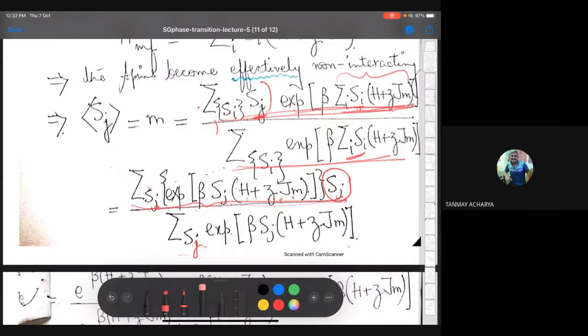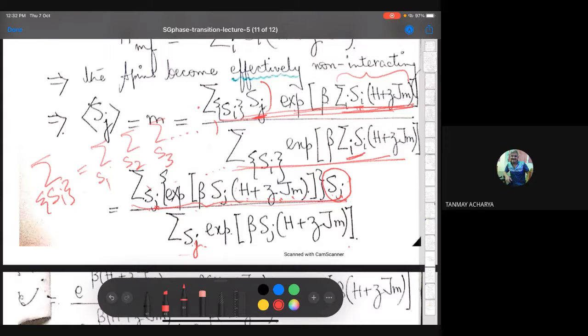You have to remember one thing. When I write summation over Si, this is the same as writing summation over S1, summation over S2, summation over S3, right?